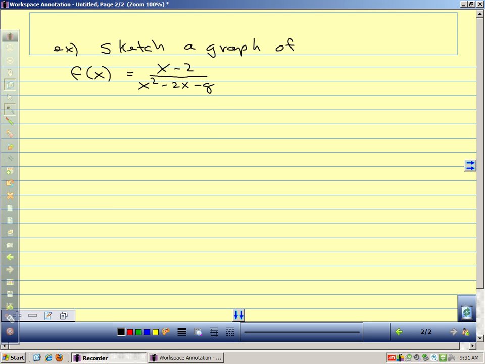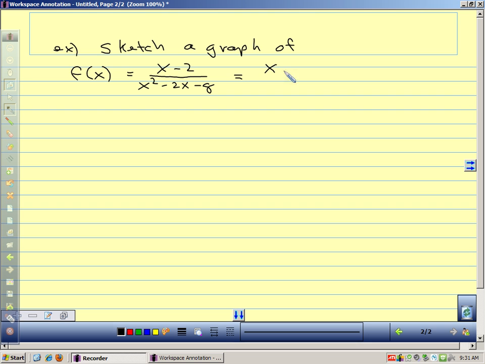So we want to know what this function looks like when we graph it. Now, when we have a quadratic like this, our first step is going to be to factor the denominator.